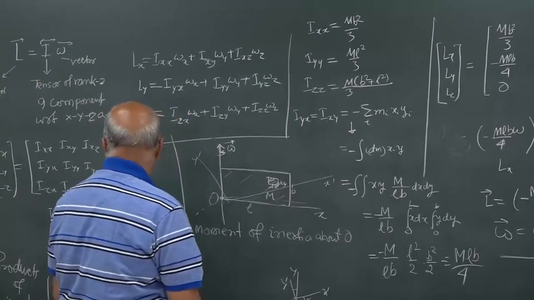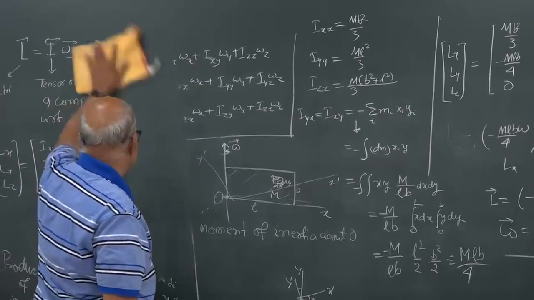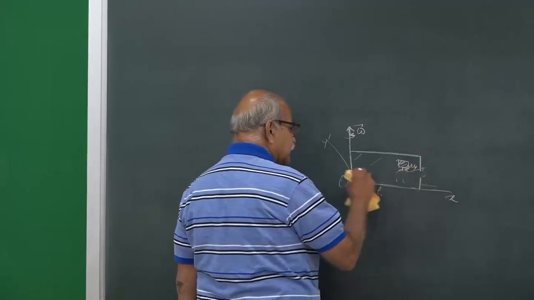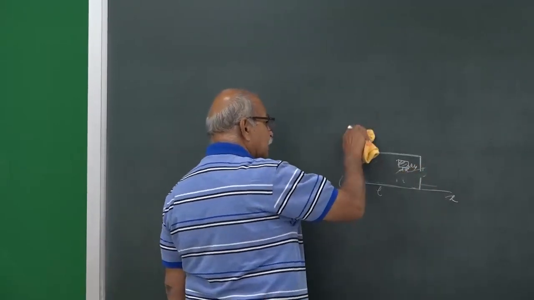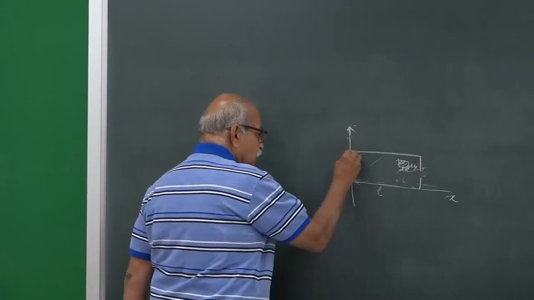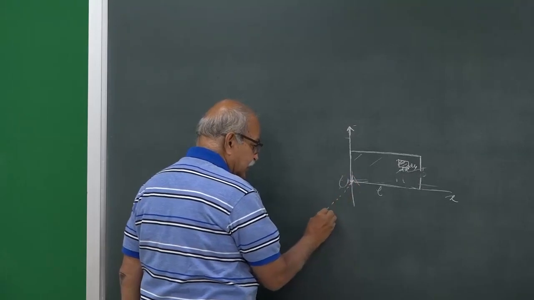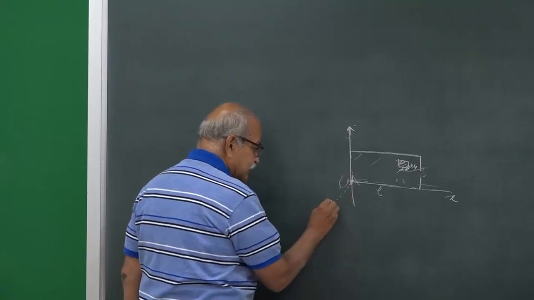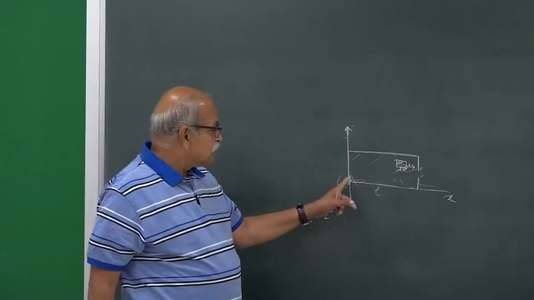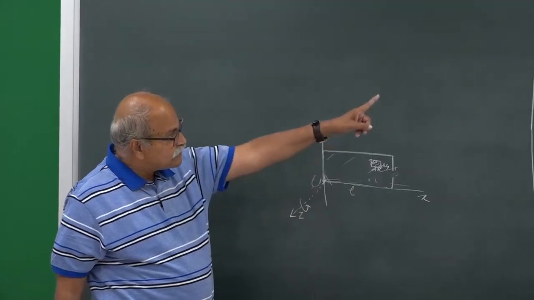Let me make some space. Let me have the same figure, and omega is now along the z axis, going like this. I want the angular momentum of the object about this point, and I will use the same procedure.